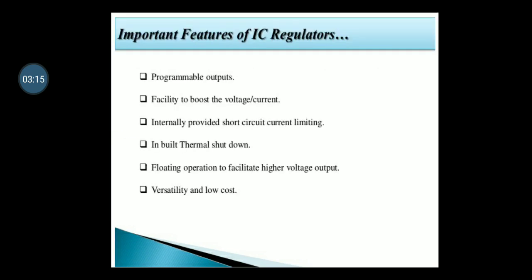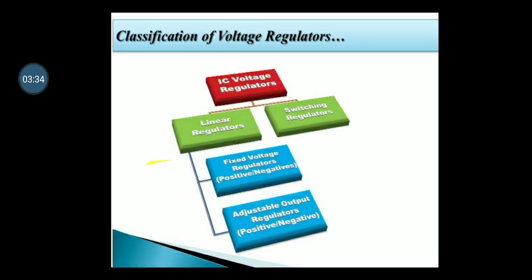Important features of IC regulators: programmable output, facility to boost the voltage or current, internally provided short circuit current limiting, inbuilt thermal shutdown, floating operation to facilitate higher voltage output, and versatility and low cost.